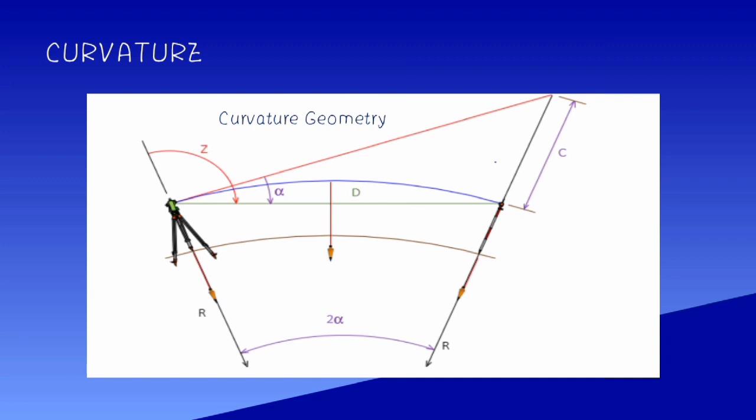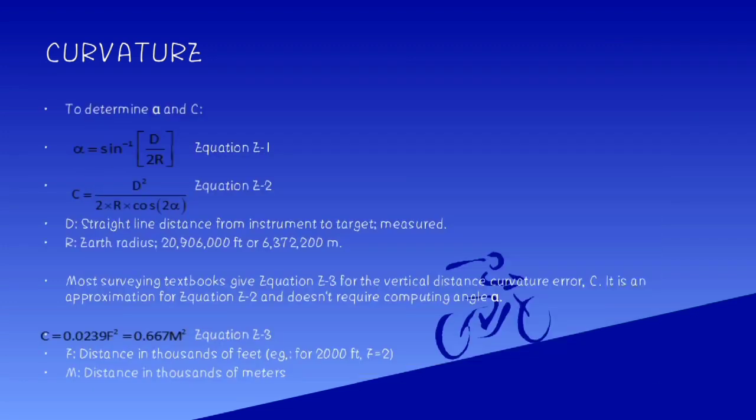What we want is reasonable math to deal with the gray area between plane and geodetic surveying. So to determine the value of angle A and the distance C, we're going to use two equations.